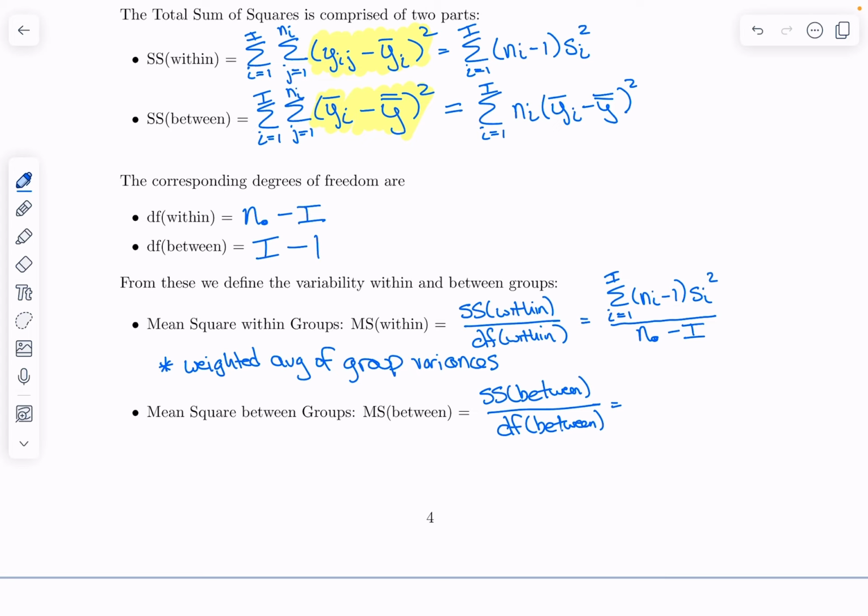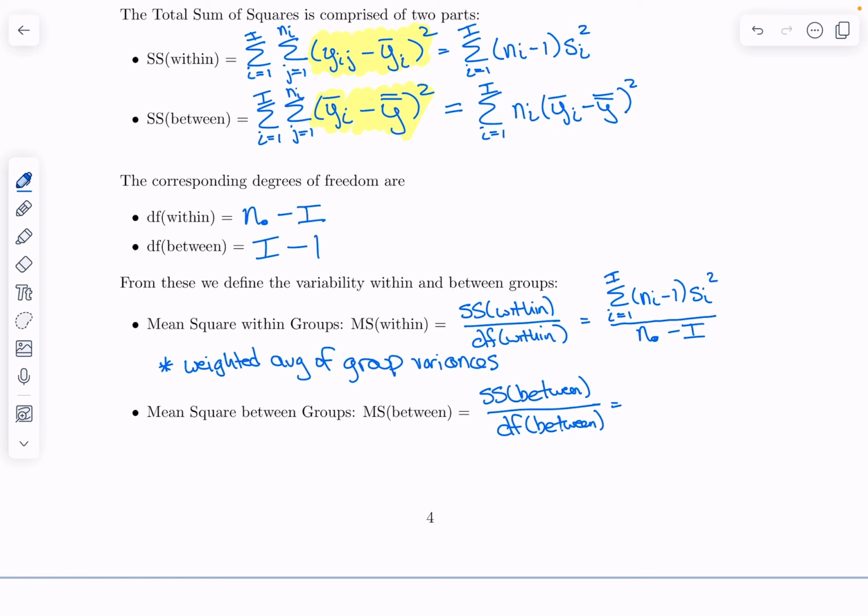I'm adding all those up and then dividing by the sum of those sample sizes minus 1. So that's a weighted average of group variances, and that makes sense as our mean square for within the groups.